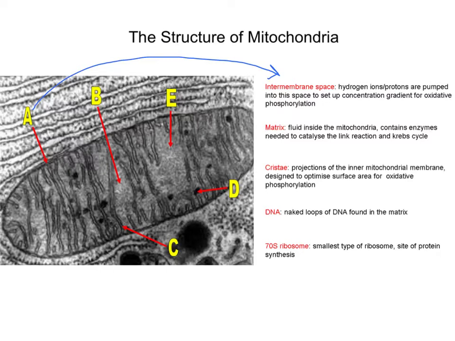So that's just an intro as to what that sort of region is. So on this electron micrograph, A is known as the intermembrane space. And as part of the process of respiration, hydrogen ions are going to be pumped into that space. Ultimately, I'm not going into detail, but ultimately all those hydrogen ions will then rush back from that space to where they came from, activating a particular enzyme called ATP Synthase, which will generate ATP for us.